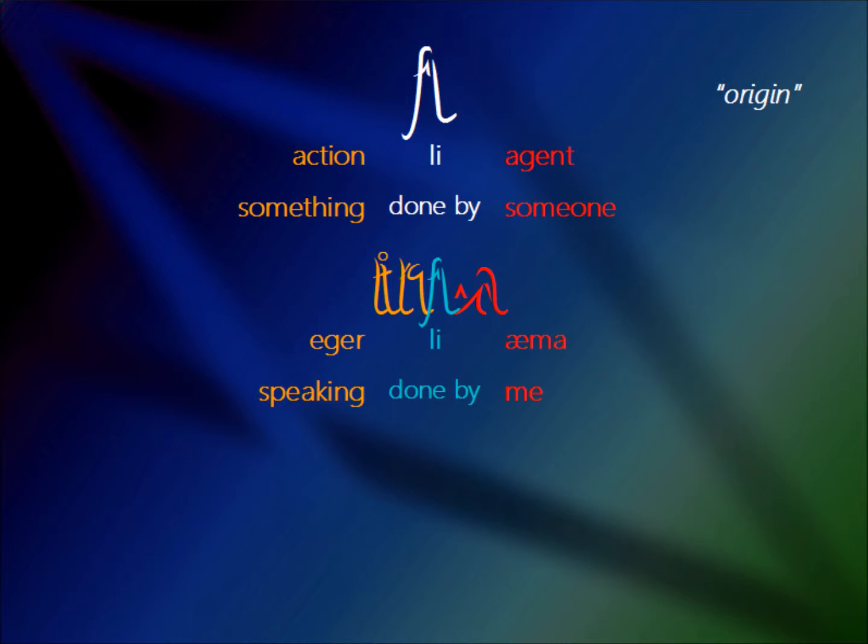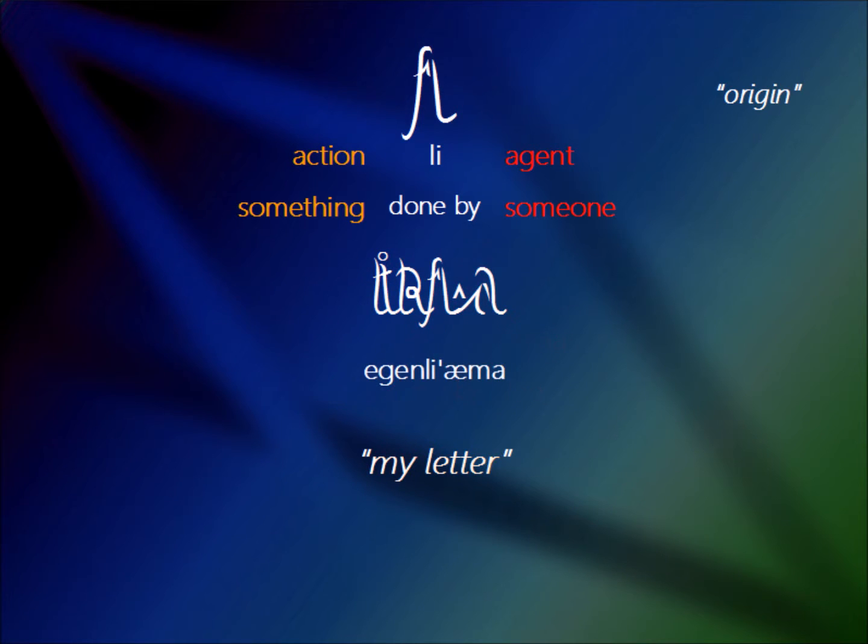We can again understand li aima to be an adjective of the action, to speak. So eger li aima means speaking done by me, or simply my speech. If we replace eger by egen, written communication, we get egen li aima, my message, text, or also letter. Egen li aima, my letter.